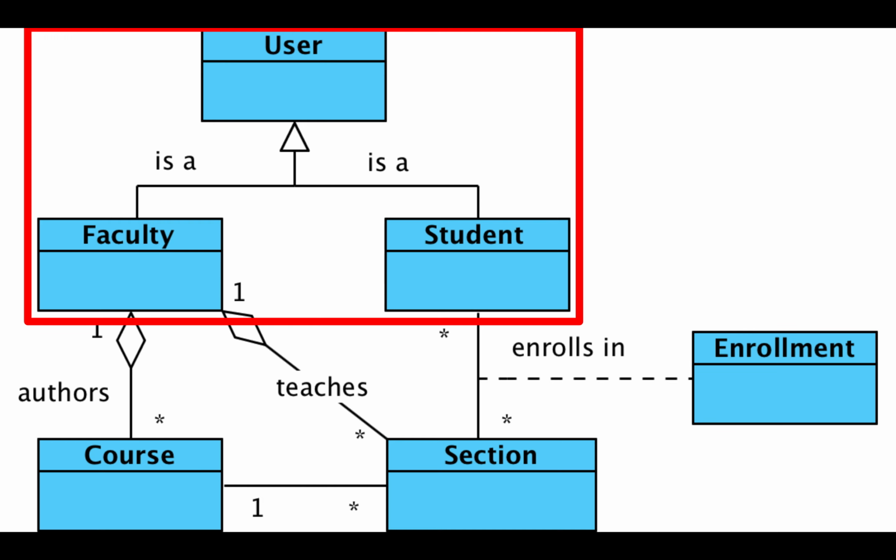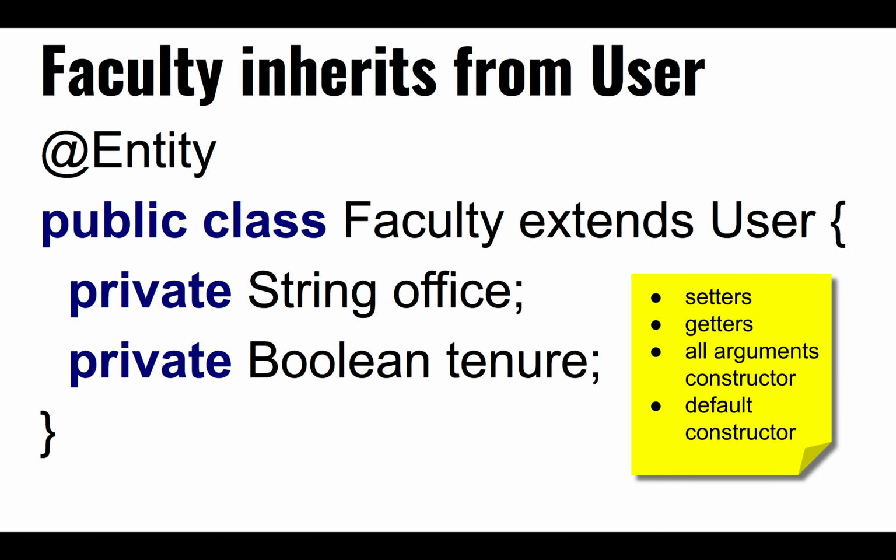And here we have user as a base class and faculty and student inheriting from the user. So from the point of view of the object world, inheritance is very simple. You have a base class, in this case user, and you have a faculty that extends from user. And now, if you remember, user had a description of a primary key.